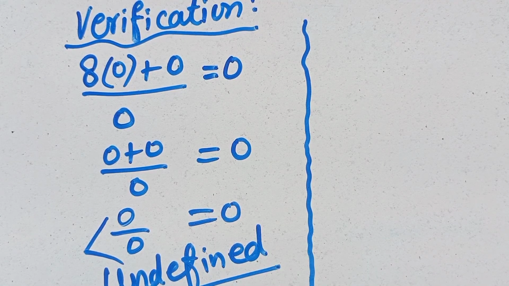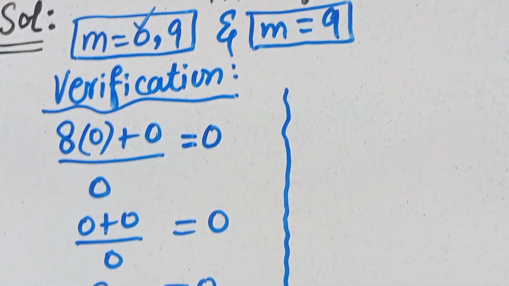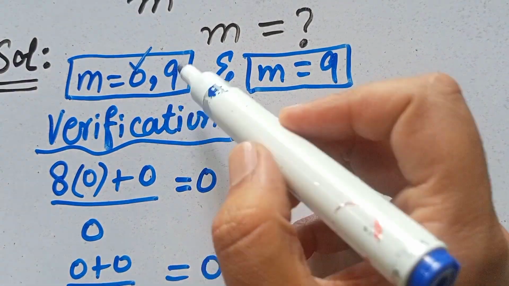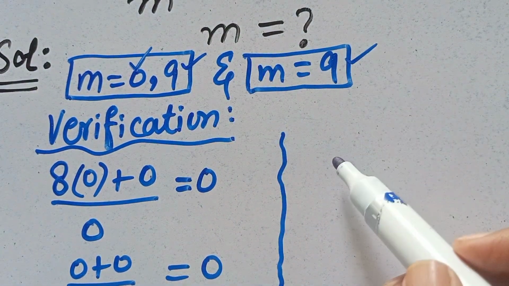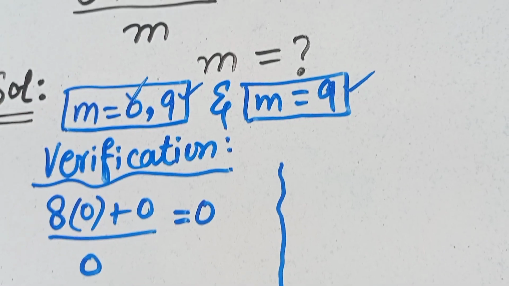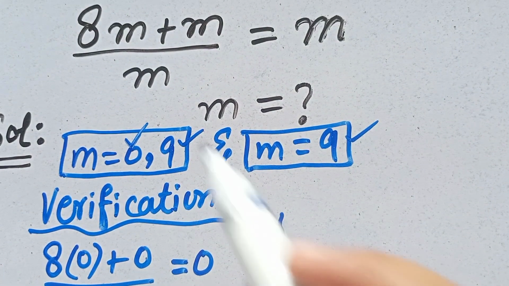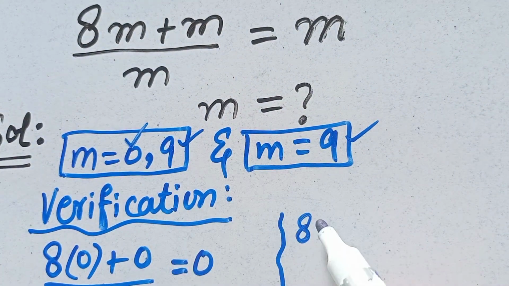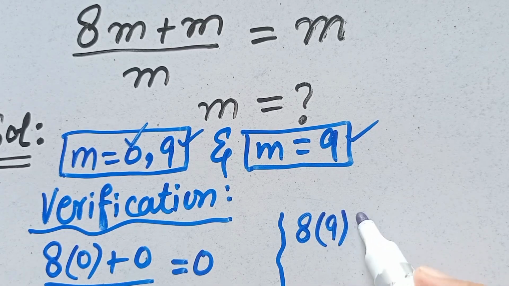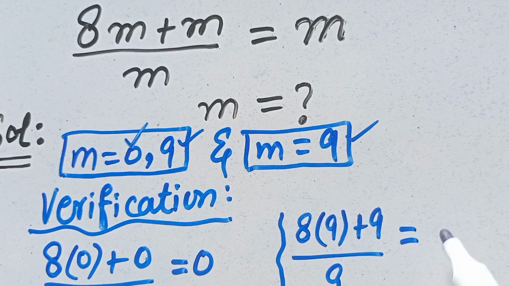Now we are going to check the second solution of m, that is 9, and we will replace m by 9 in the original question, that is 8m plus m upon m equals m. So replacing m by 9, 8 into 9 plus 9 upon 9 equals 9.